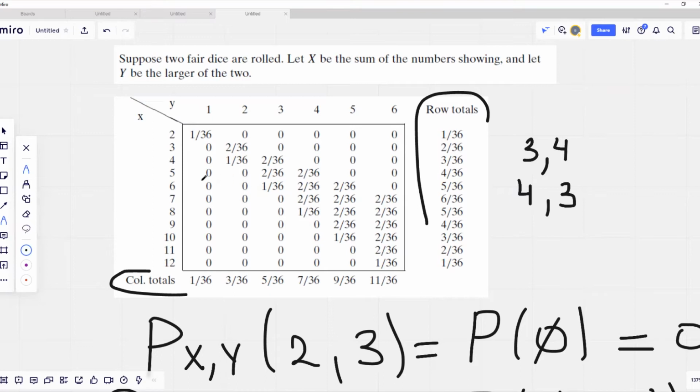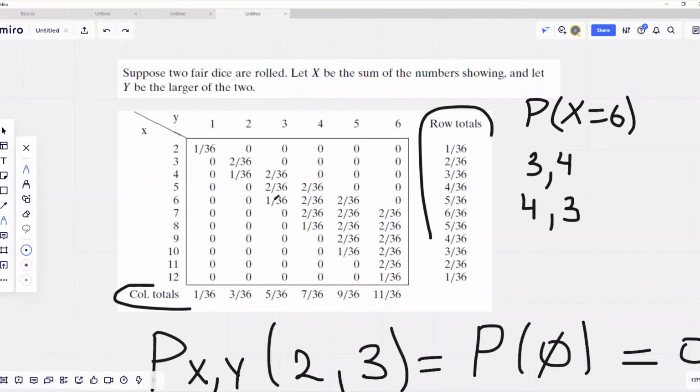For instance, if we are looking for the probability that random variable x is equal to 6, then we have to simply sum up all values in the row when x is equal to 6. So the probability x is equal to 6 attains non-zero values for the value of random variable y equal to 3, 4, and 5. So this sum here is equal to 5 over 36.